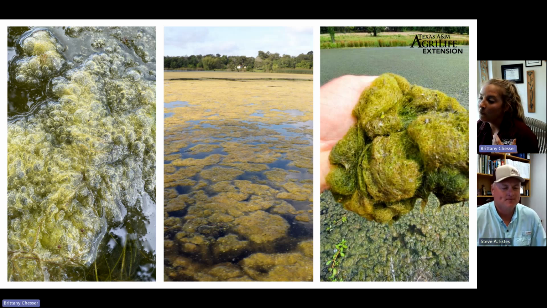Exactly. And removing the mats is beneficial though, because you're removing those nutrients that they would be putting back into the water column. But just know that that's really not what you're actually trying to target. Some other options for filamentous algae are things like biological control, using things like Mozambique tilapia. Depending on what region you're in the state, you might have to get approval from TPWD.